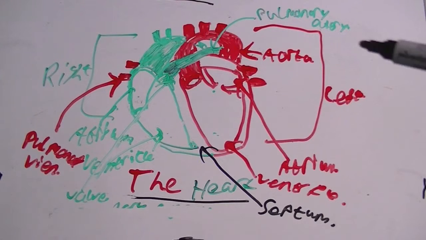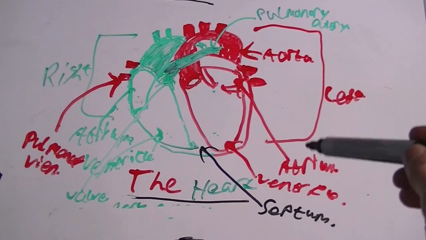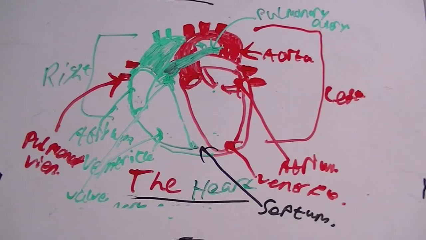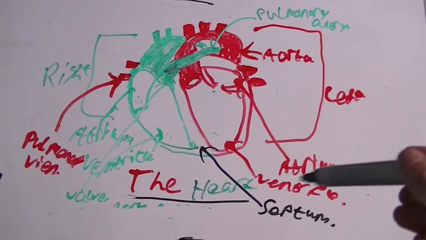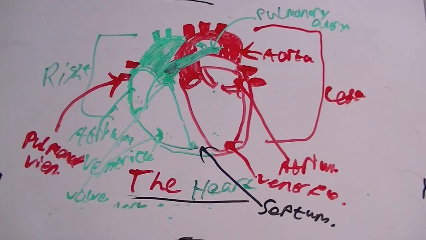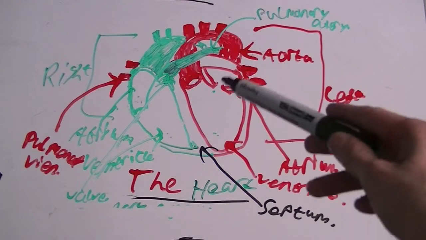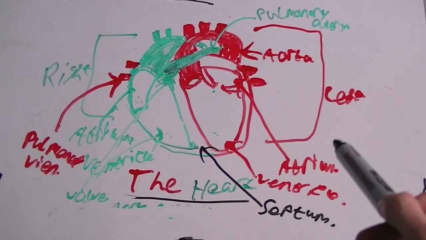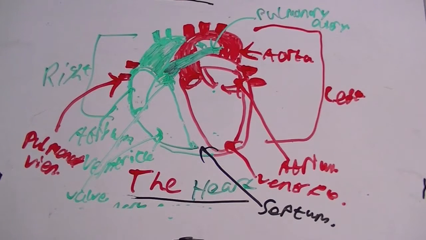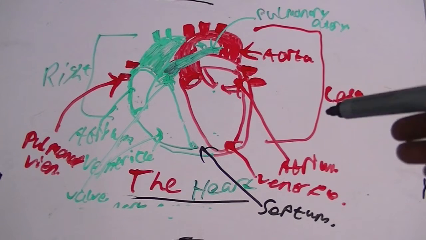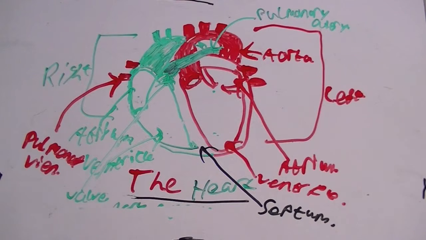The left side is bigger because it has oxygenated blood, and therefore it's got more blood in it, so it needs more room, and it needs to pump it around the whole body through the aorta, so it needs to contract more, so it needs more muscle, it needs more space to push it and create massive pressure, and that's why that's bigger.